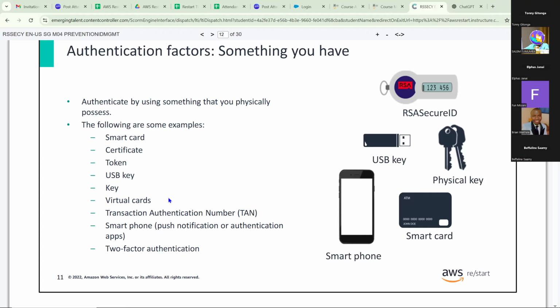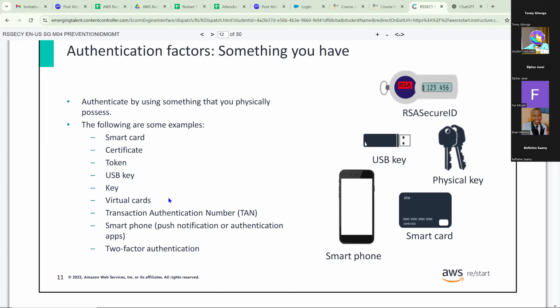These are just some of the things that you can use. They might say, yes, you have told us that you are Patrick and you've logged in using your password. Now they want to send you a code to your phone. By sending you a code to your phone, they are trying to make sure that the phone number you gave is the same phone number that this Patrick trying to authenticate into the system really possesses. So they'll send you a code there.